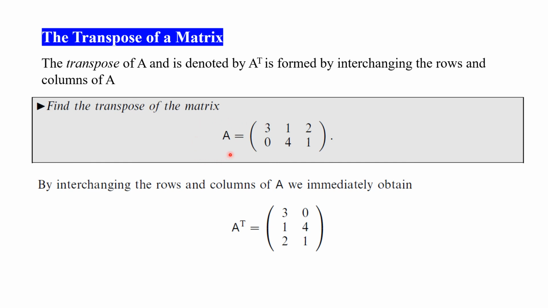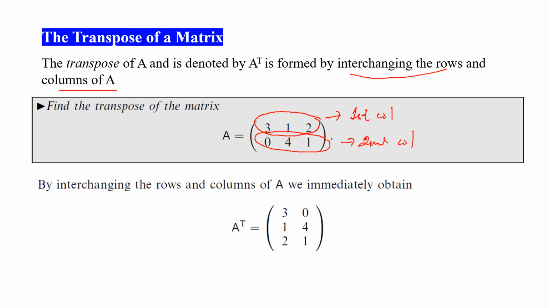For example, find the transpose of this matrix here. You have 3, 1, 2 in the first row and 0, 4, 1 in the second. Again, what we do is interchange the rows and the columns of A. Instead of this being your first row, it will become your first column, and the second row will become your second column.